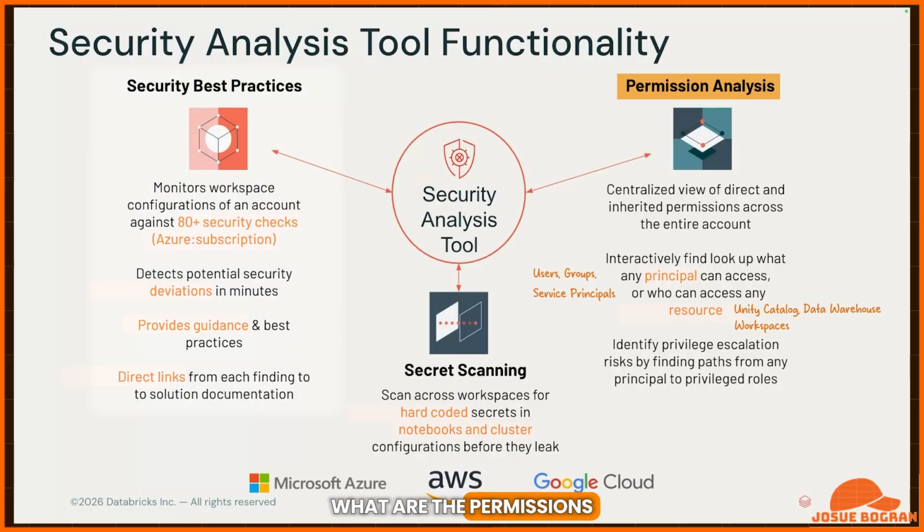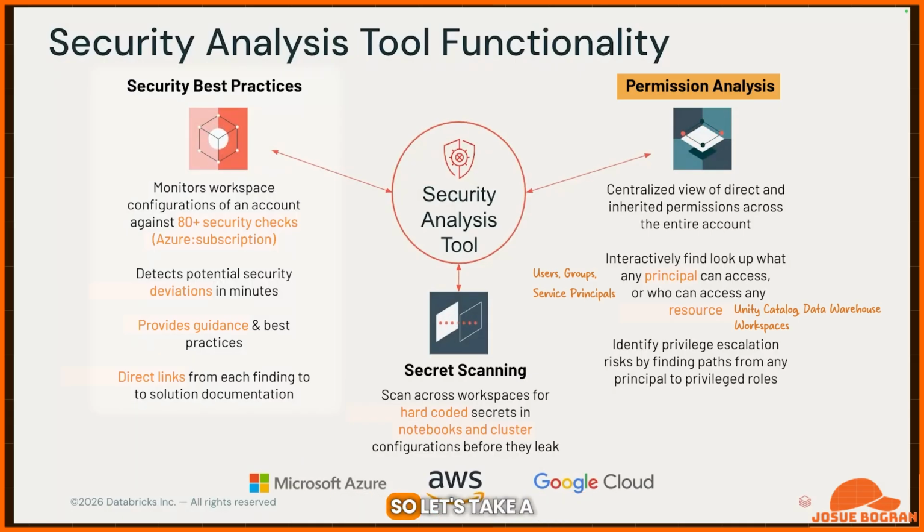What are the permissions? The relationship between these principals and resources is important for making sure the right people have the right access and nothing more, right? So this is to help you accomplish least privilege when it comes to configuring your user base in the platform, right?